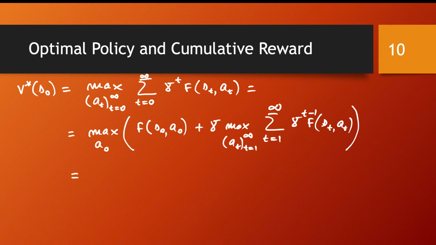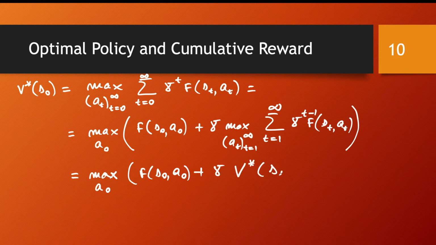And you see, this is exactly equal to the maximum taken by A0 of f applied to S0 and A0 plus, and if you take a look at this, this is exactly what we will have. So gamma times the value, following the optimal policy if we were to start in state S1.